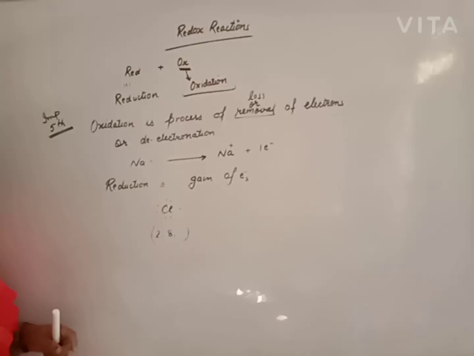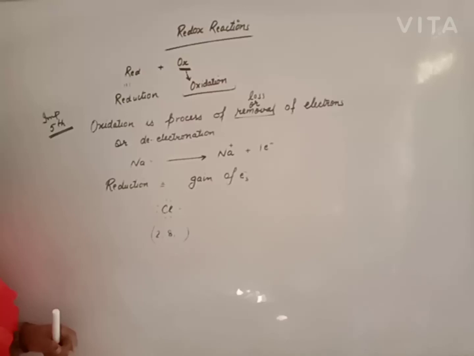The chemical which shows oxidation acts as reducing agent. And the chemical which shows reduction, that means it reduces itself but helps in oxidation of the other, is known as oxidizing agent.